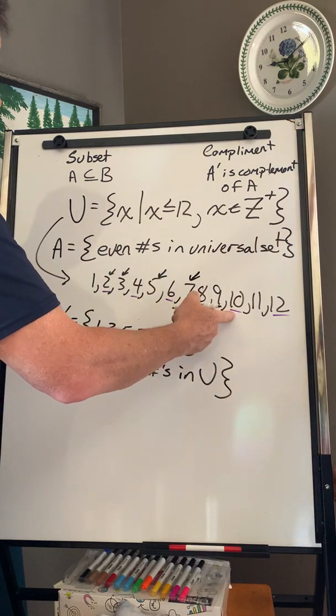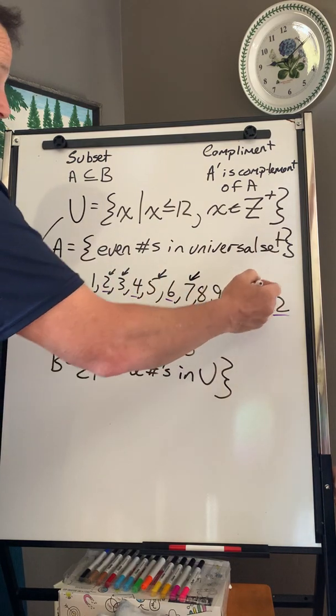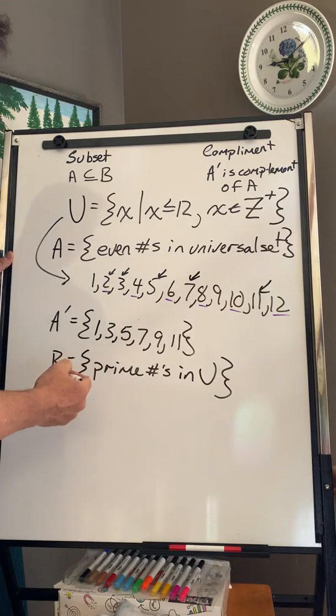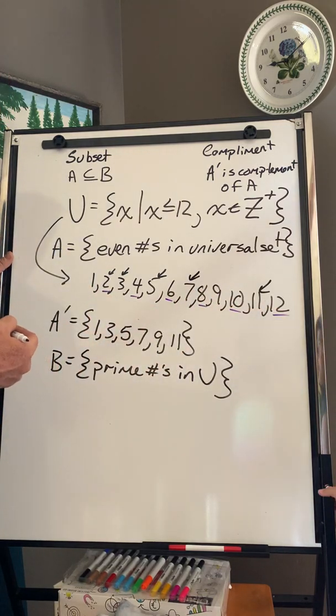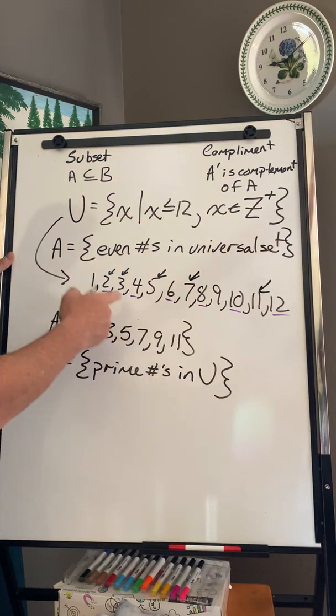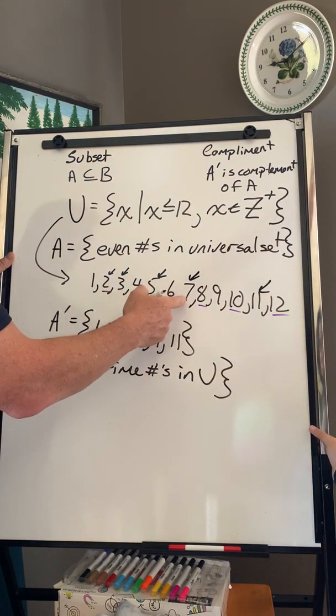Like 10 is 2 times 5. 11 is prime. 12 isn't. So our prime numbers are 2, 3, 5, 7, 11.